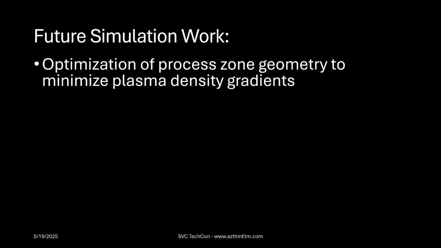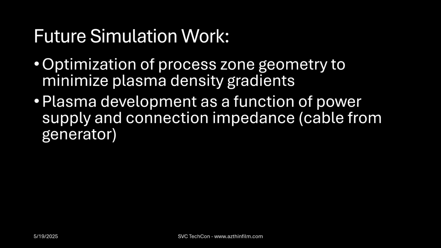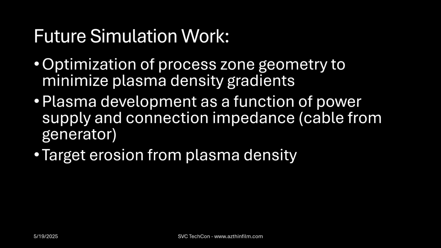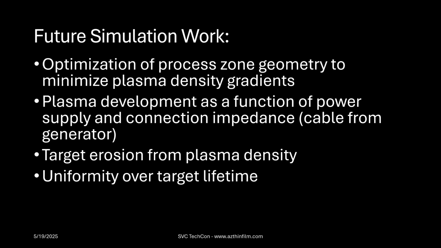So future simulation work that I'll be looking at is optimization of process zone geometries to minimize the plasma density gradients, plasma development as a function of the power supply and connection impedance. So the cable from the generator can have a very large impact on the plasma formation due to the impedance of the cable, and target erosion from the plasma density, and uniformity over the target lifetime.